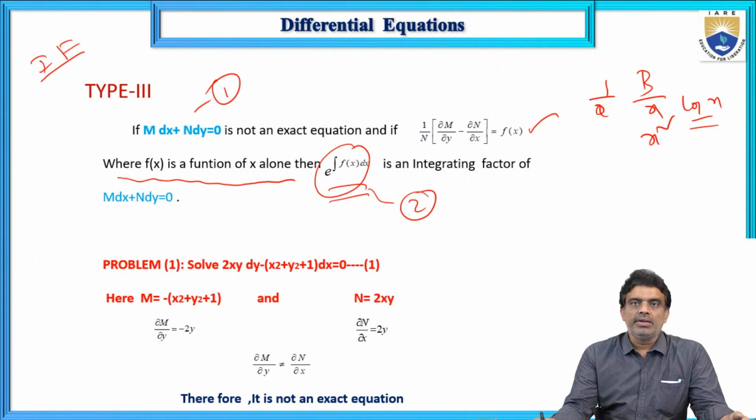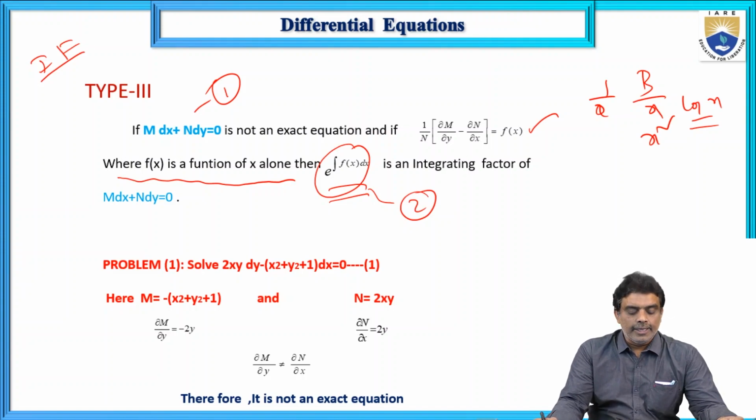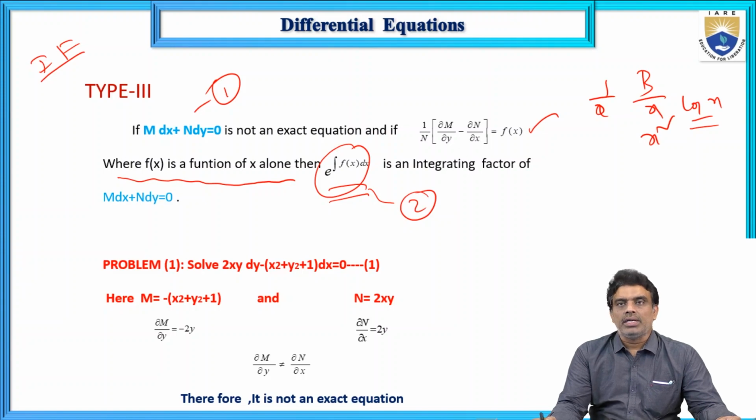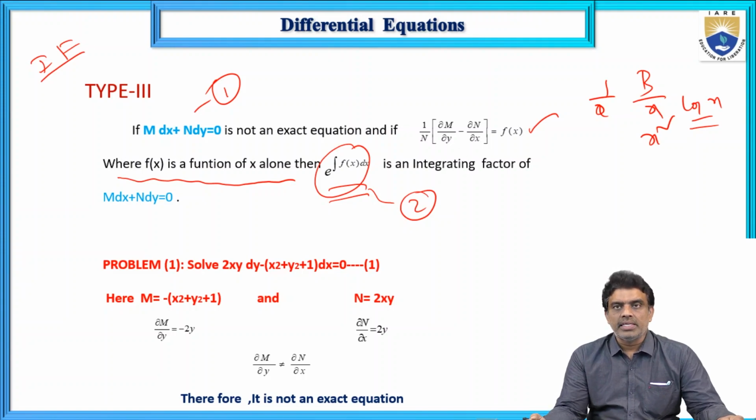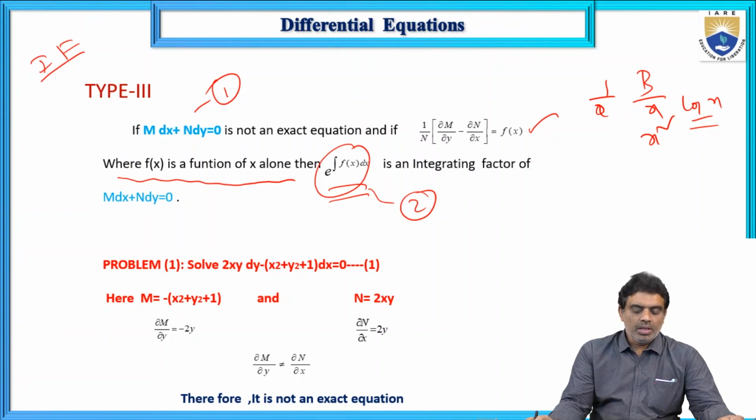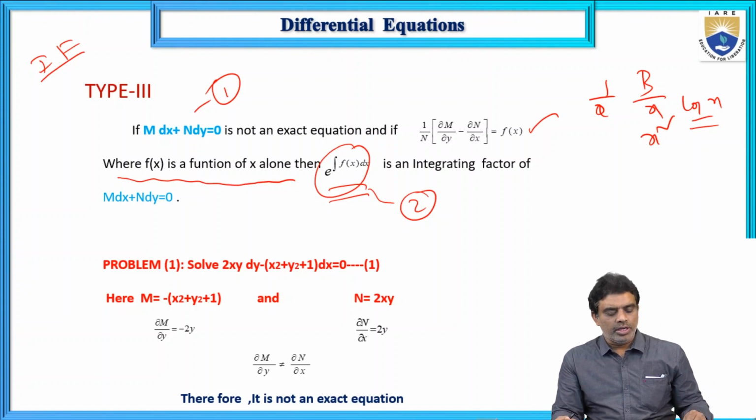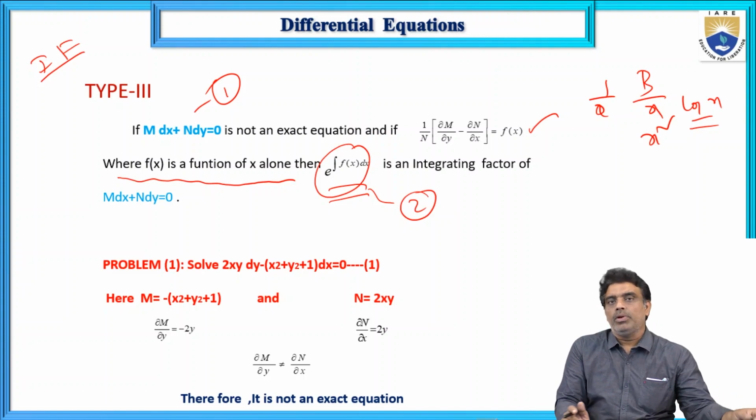After getting the exact equation, we will find the general solution by using integral m dx, treating y as constant, plus integral the terms of n not containing x terms into dy is equal to c. So here we are going through this model with one example.